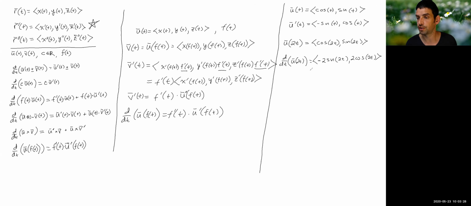But of course, the way scalar multiplication works with vectors, this is just 2 times u prime of 2t, right? Look at u prime, we've just got 2t in there, and then we've got the derivative of 2t out front. So this is exactly this derivative rule here, okay?